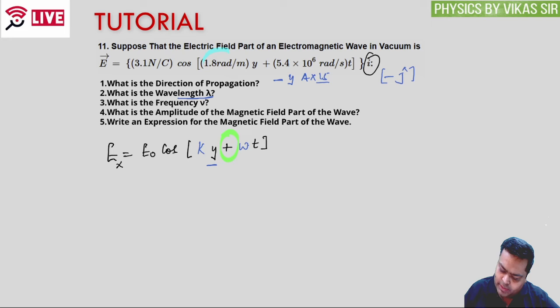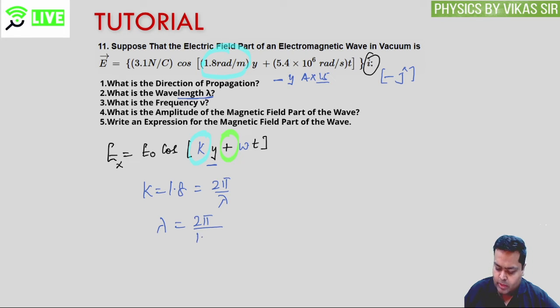So from here it is 1.8 and from here this is k. So I have easily compared that k becomes equal to 1.8, and k is written as equal to 2 pi upon lambda. So lambda becomes 2 pi divided by 1.8.